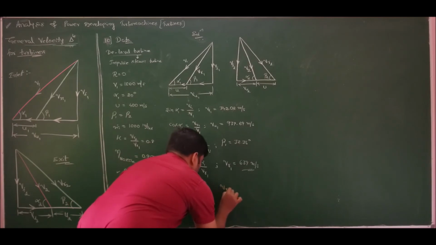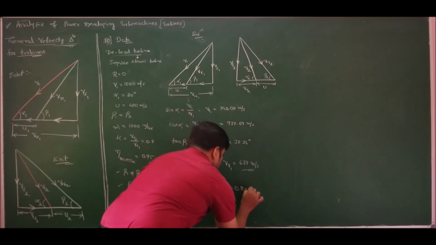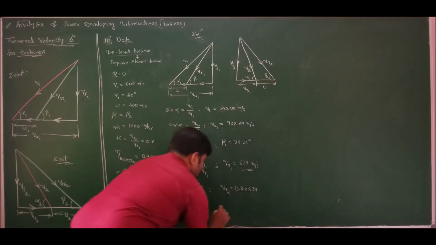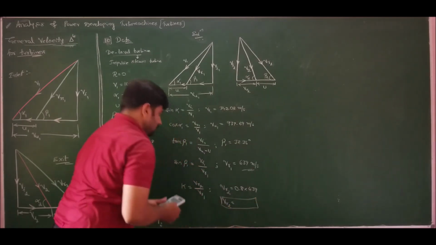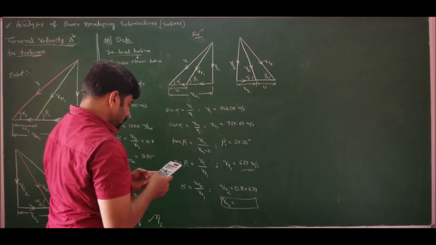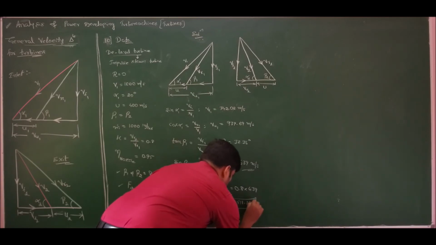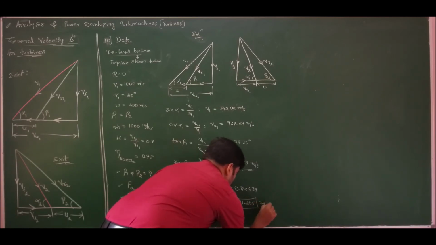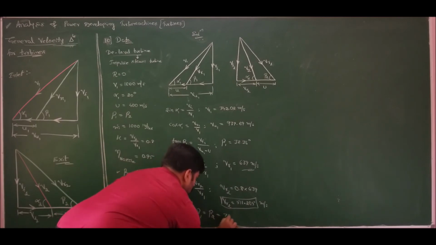So VR2 is equal to 0.8 into 639, which is 511.205 meters per second. Blades are equiangular, so beta 1 is equal to beta 2, which is equal to 32.36 degrees.